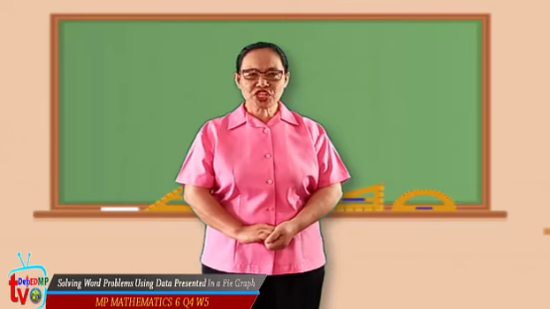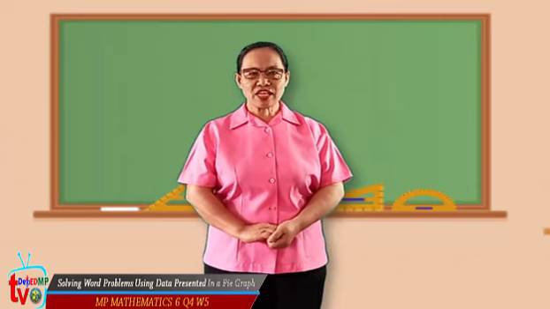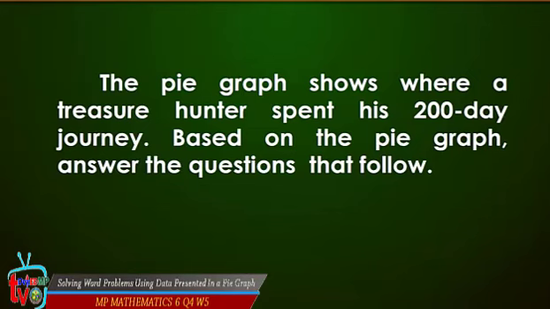Now you're going to check your understanding of the lessons you have learned. The pie graph shows where a treasure hunter spent his 200-day journey. Based on the pie graph, answer the questions that follow.